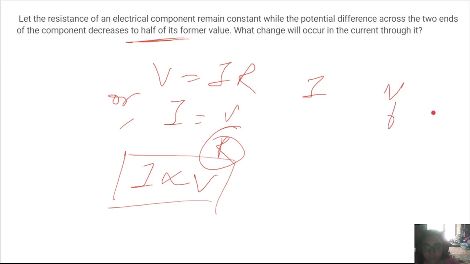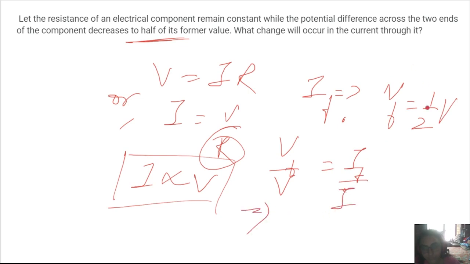VF is equal to half V, right? So we have to find IF. What we usually did in our previous classes is that we just take a ratio. So VF by V equals IF by I, right?